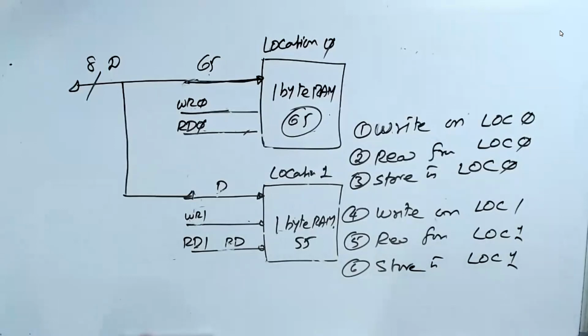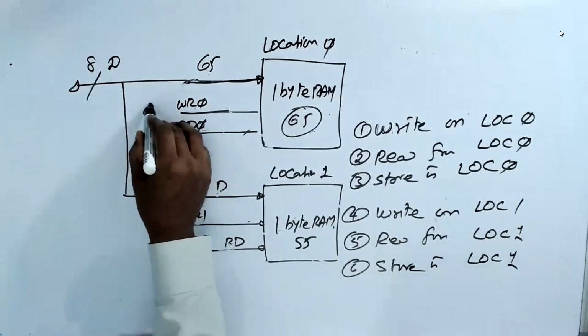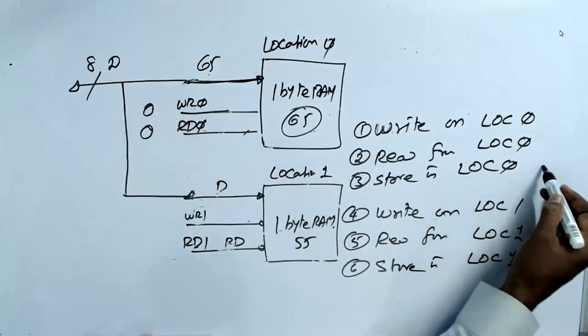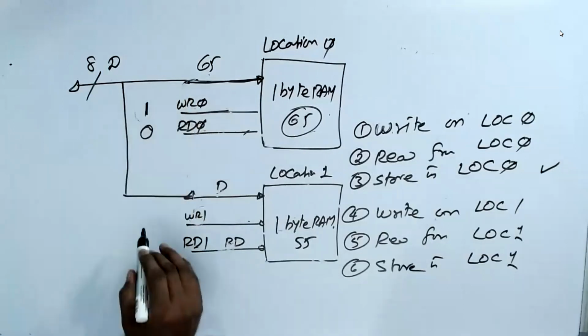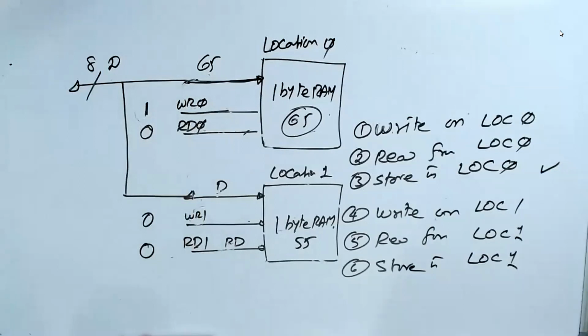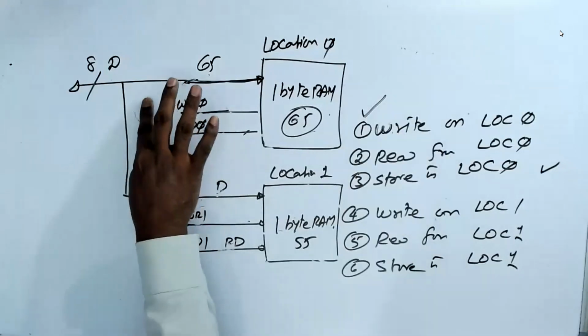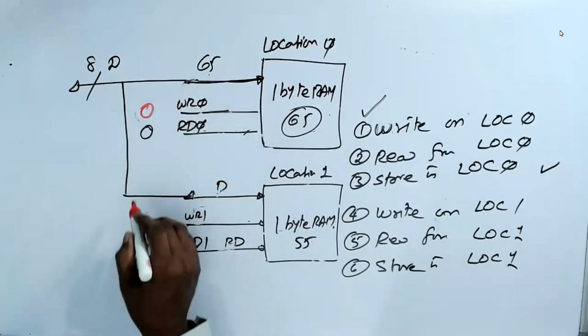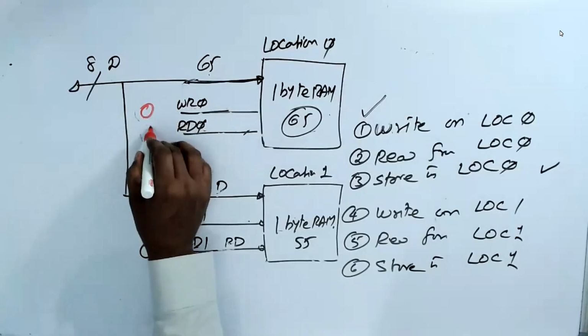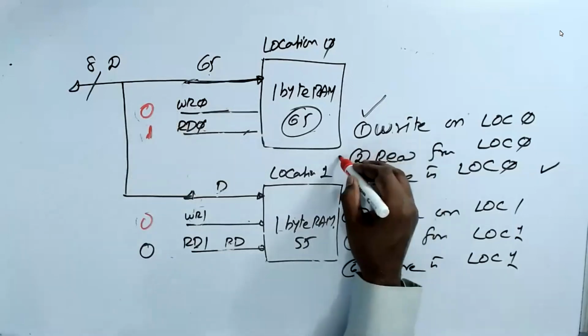Now, when these 2 are 0, 0, I store. When all are 0, I am doing the first one. Am I right? Because write 0. When I make write 1, read 0 as 1, I make the read operation.